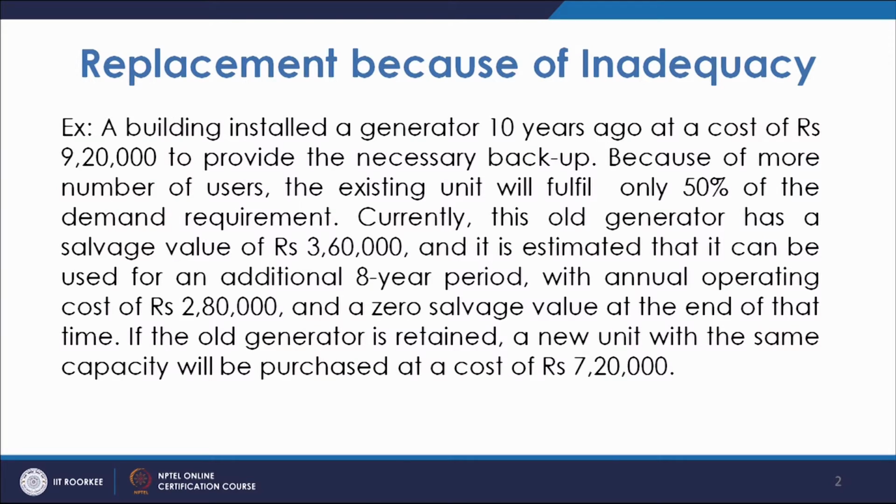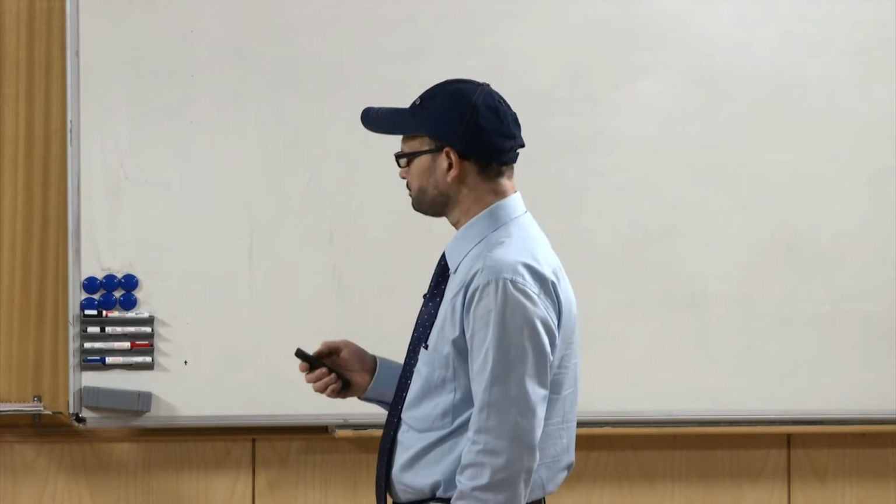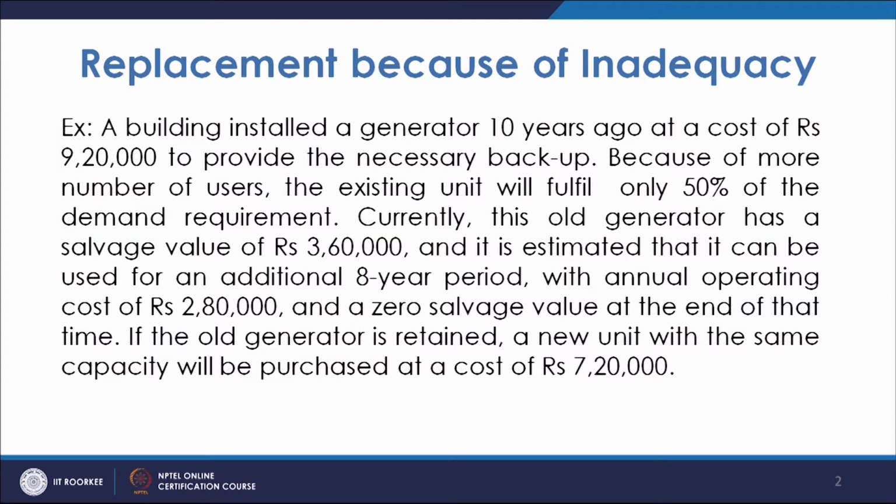So, it needs a generator of similar rating. The old generator has a salvage value of 3,60,000 and it is estimated that it can be used for an additional 8-year period with an annual operating cost of 2,80,000 and a zero salvage value at the end of that time.